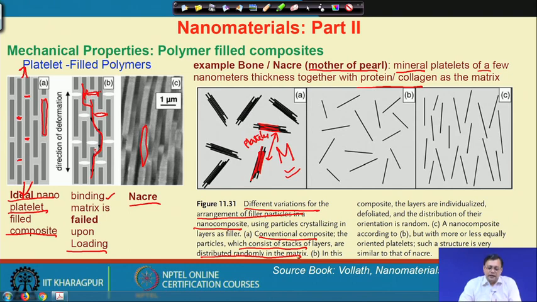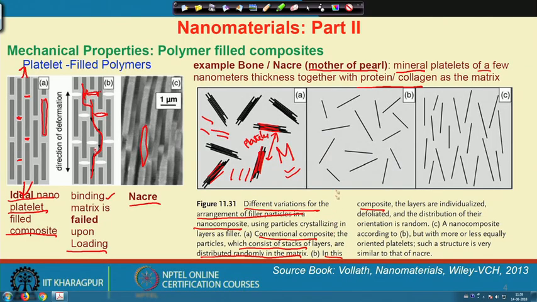But if we can somehow detach these individual plates and then distribute them in the matrix, we can introduce effective strengthening. However, for that purpose we have to take care of the platelet. How? We can attach some functional group which will give a repulsive force between the platelets, and it will help to distribute the platelets in a homogeneous way.